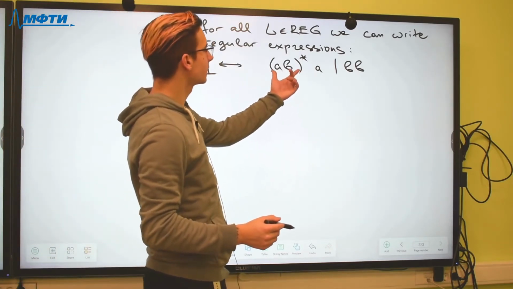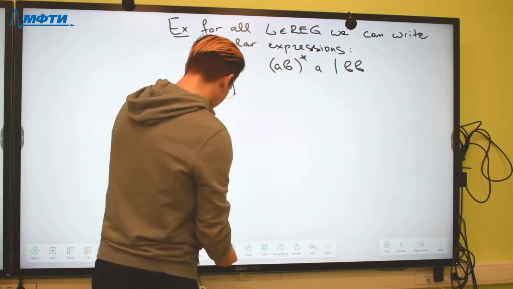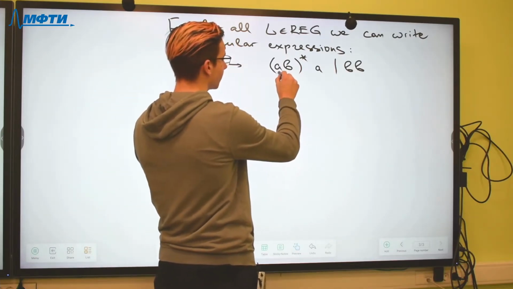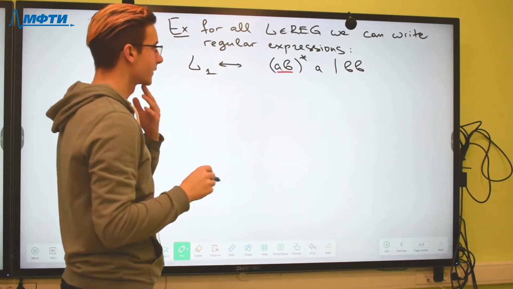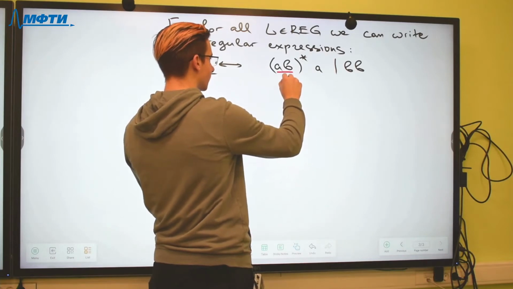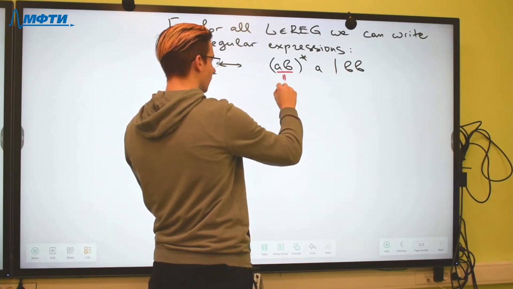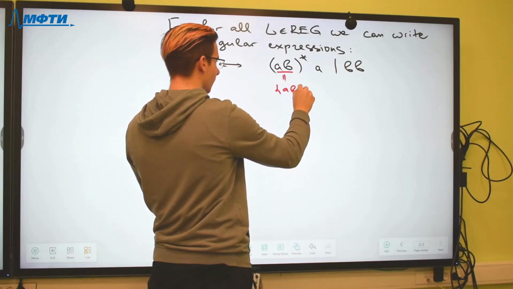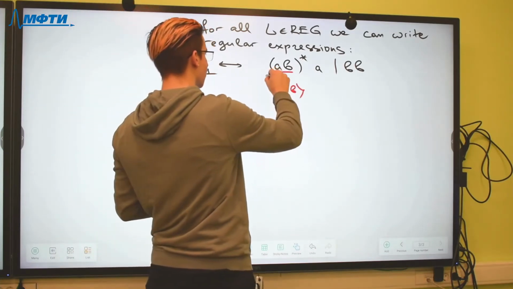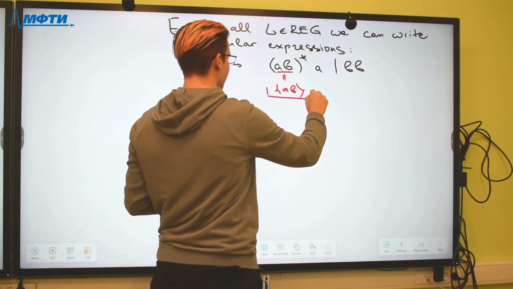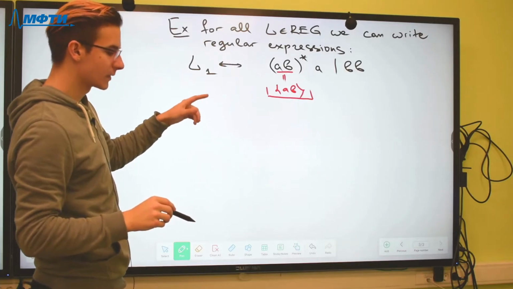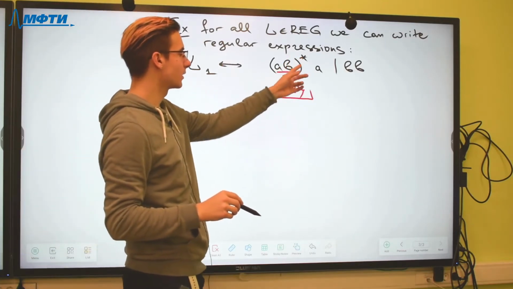What does it mean? It means that, for example, when we write a word, it is the language with one word. Then this part of the expression is equal to the language that we can construct by the Kleene star of this language.